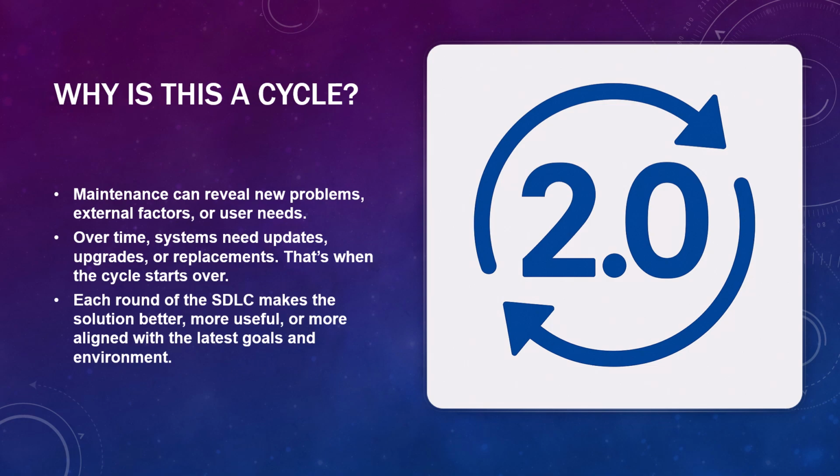Or in our case, the next version, the 2.0 version of that software that has been developed. So every time you move through that cycle, you are making improvements and making sure that you are meeting more needs, whether changes are impacting it or just through age and other things, it's time to make updates.